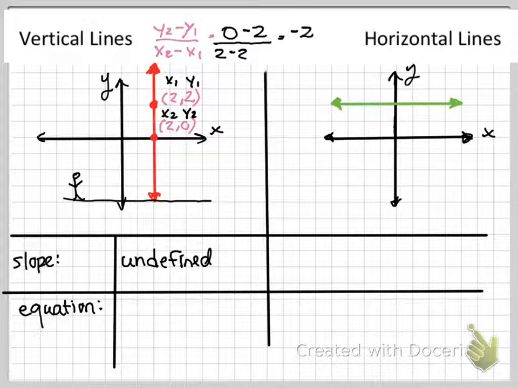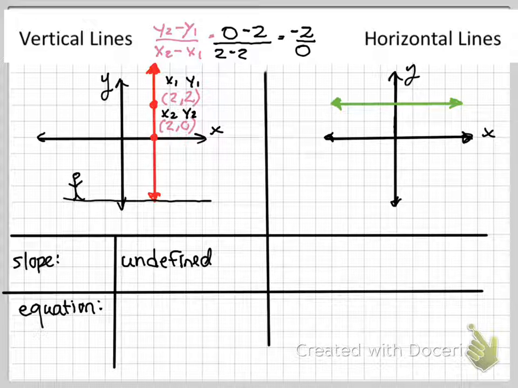Well, that gives me negative 2 over 0. And mathematically, we cannot divide by 0. When we try to divide by 0, numbers go crazy. Depending on whether they're positive or negative, they either approach positive infinity or negative infinity. So we say that the slope is undefined.